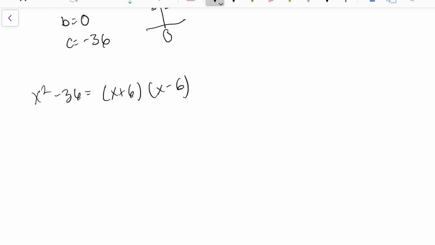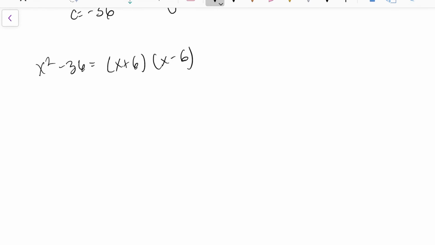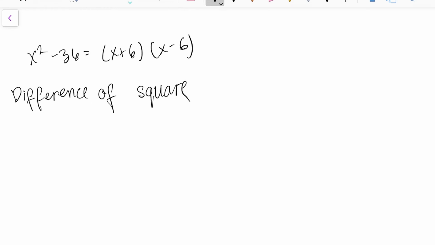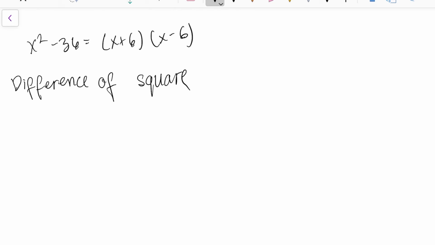Okay, there is also this other method, which is a formula. We call it the difference of squares. The difference of squares is basically derived from the two squares that are being subtracted. That's why it's called difference of squares.